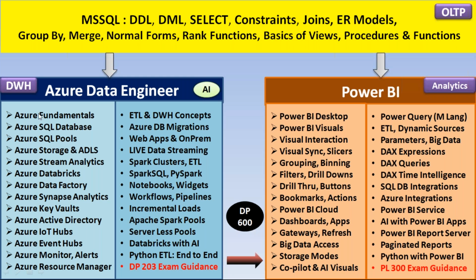Then about 15 components. Then using Azure components, we are going to implement ETL and data warehouse activities with AI as part of our classes: migrations, web application and on-premise activities, data migration and on-premise data access, live streaming, clusters, ETL, PySpark, Spark SQL, open source ETL environments, notebooks, widgets, jobs, scheduled notebooks, automations, workflow.